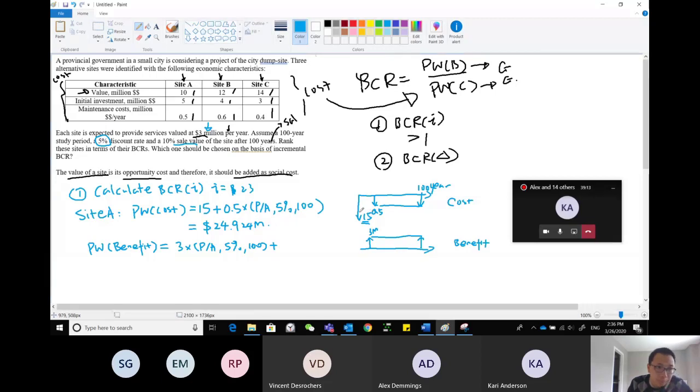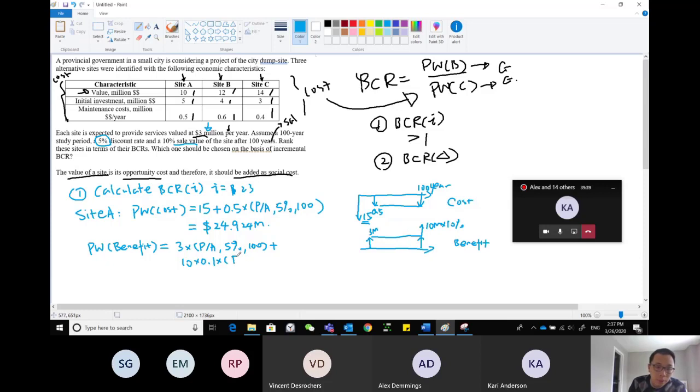That will be $10 million of its value times 0.1, which is 10%. This is considered a future value, right? So we will have 10 times 0.1, and now we need to convert the future value back to its present worth.